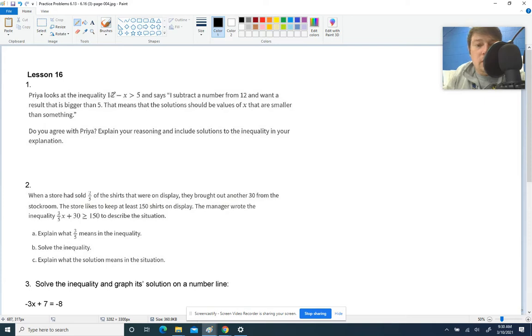Okay. So if I want it to be bigger than 5 when I take it away, it does make sense that I want those to be smaller, because if that takeaway is too big, it's not going to stay bigger than 5, right? So I agree. I'm going to say yes.